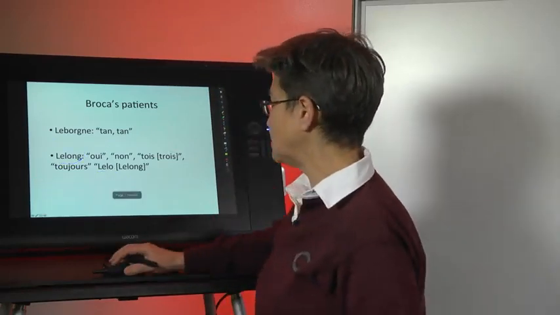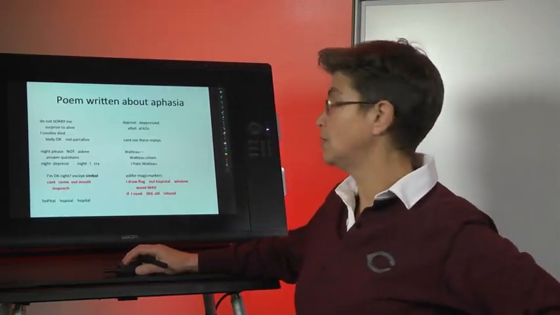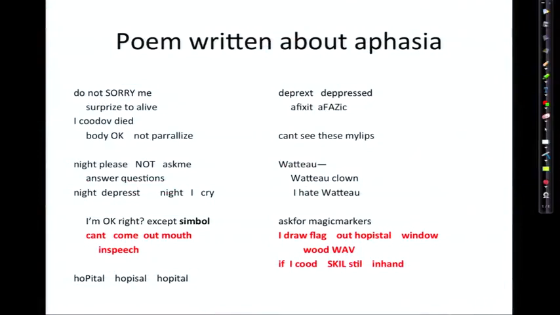Okay, so just to give you an example of what aphasia looks like, this comes from my aunt, and this was written well after she was on her way to recovery. She says, "I'm okay, right? Except symbol can't come out mouth in speech."